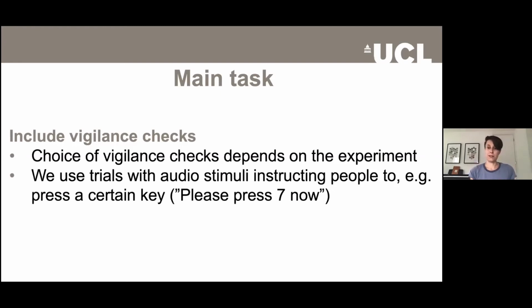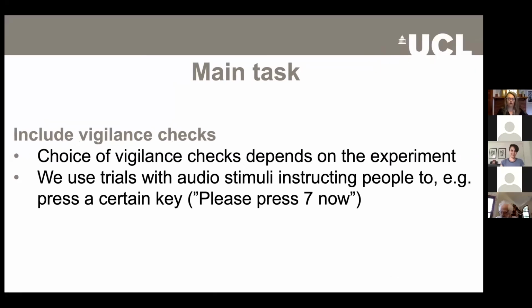I want people to pay attention to the audio, so I have audio stimuli where a voice instructs my participants to press a certain key or do a certain action. So in a ratings task, there would suddenly be a voice going, please press 7 now. Participants need to press 7. If they don't do it, well, they're not paying attention or are not listening at all. But you for your task know best how to check vigilance. So I can't be telling you how to do that.